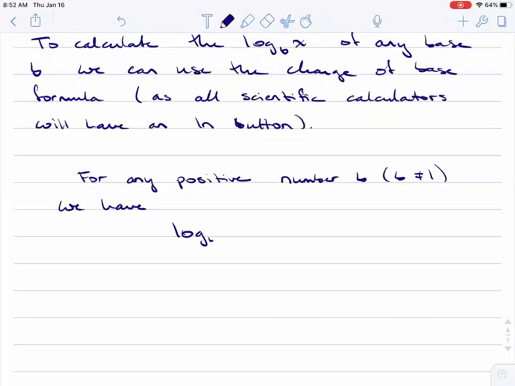We have that the log base b of x, we can rewrite that as the natural log of x divided by the natural log of b.